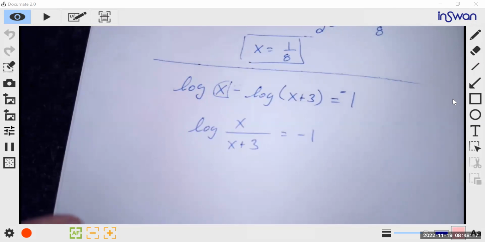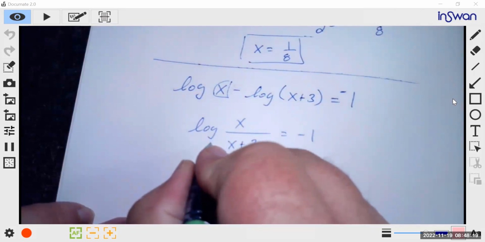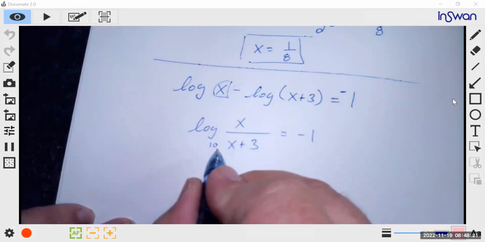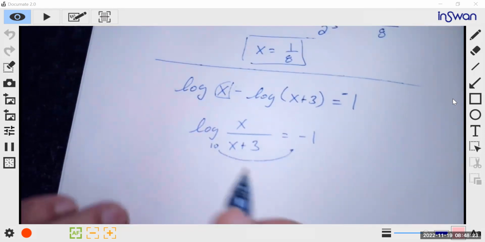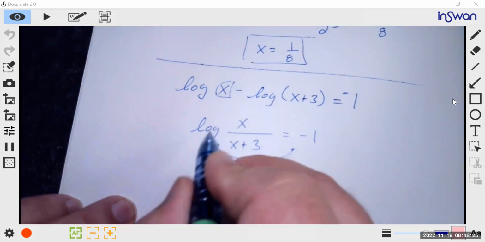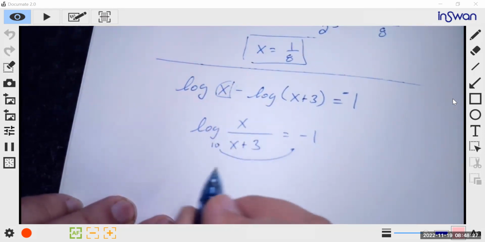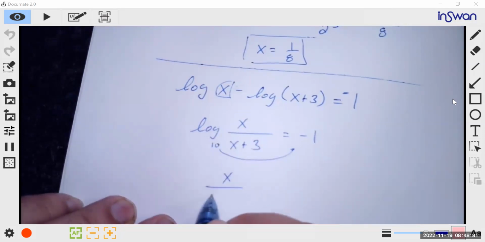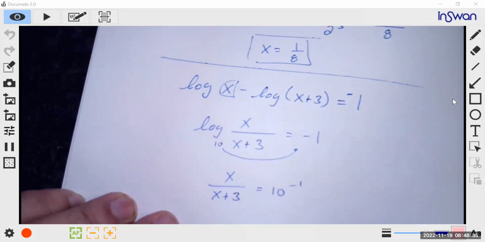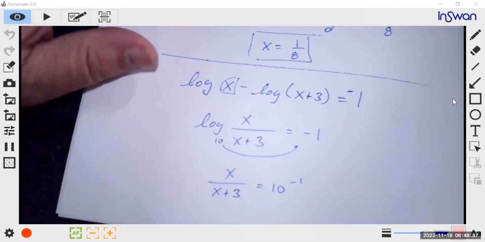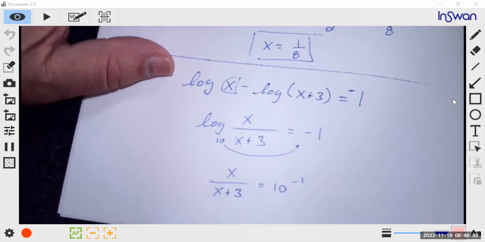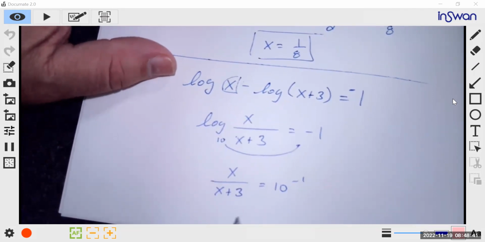That's the quotient rule. Nothing is written as the base, so it's base 10. So push up the answer: the base comes up, pushes up the answer, and the log drops off. So we have x over x plus 3 equals 10 to the power -1. 10 to the -1 is 1 over 10.